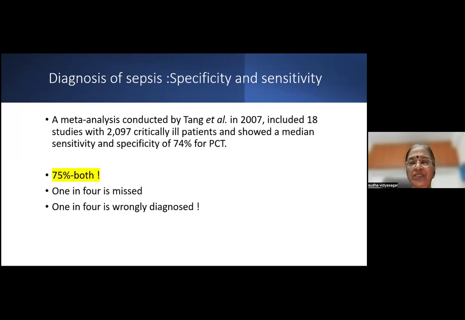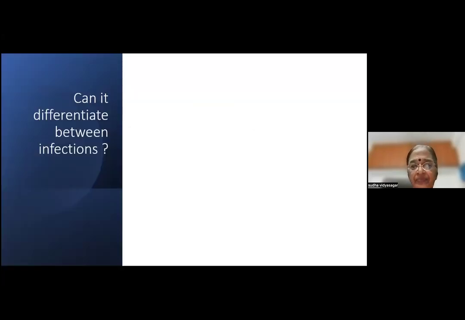Remember, the specificity and sensitivity of procalcitonin is 75. So you cannot believe it 100%, and you cannot say just because the procal is positive, he has got sepsis, or because it's negative, you ignore the infection or the sepsis. It can miss. It is never 100%.